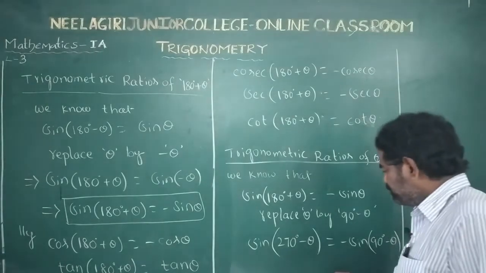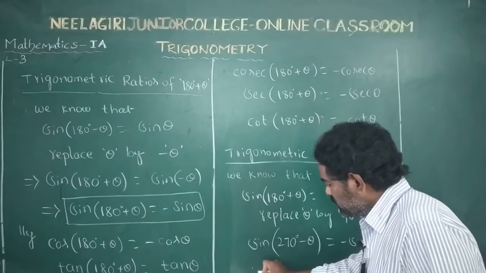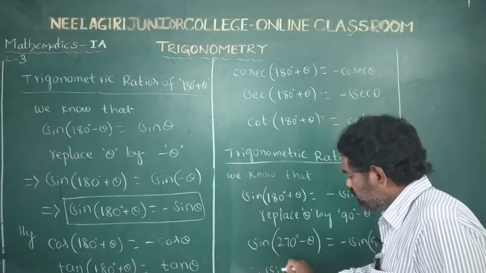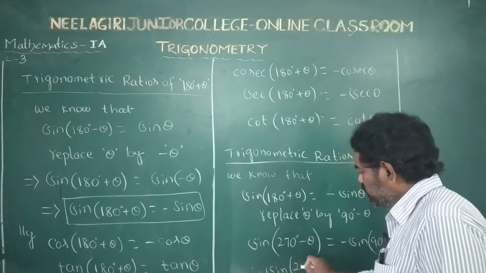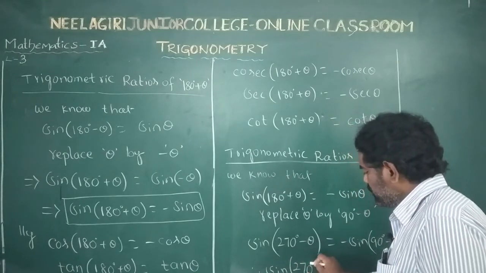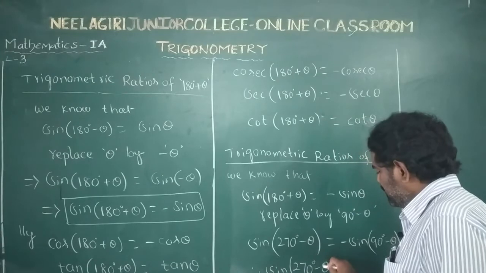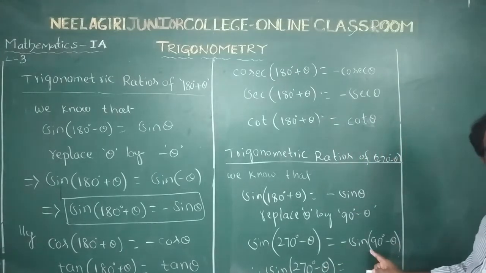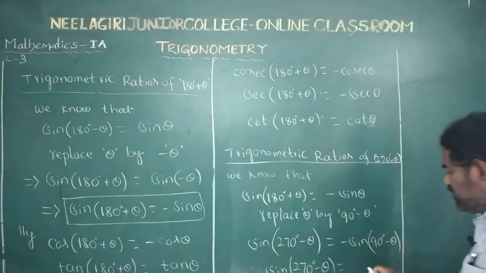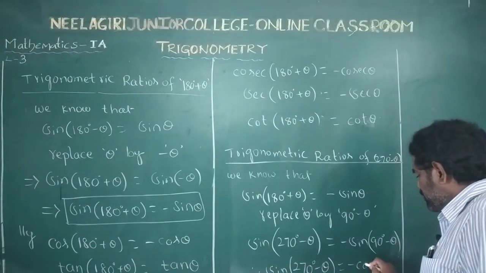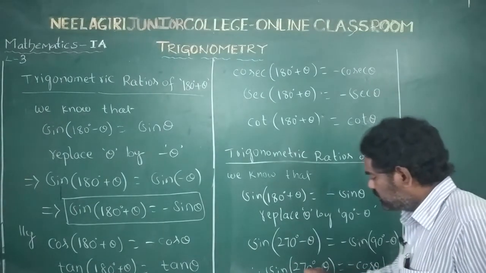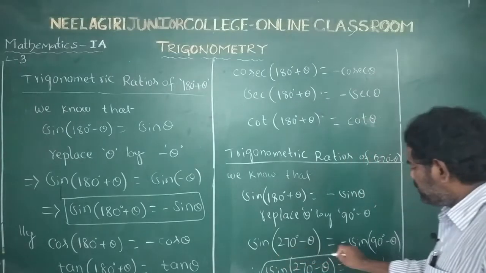Therefore, sine of 270 minus theta equals, we know the value of sine of 90 minus theta. What is it? Cos theta, so minus cos theta. Understand?